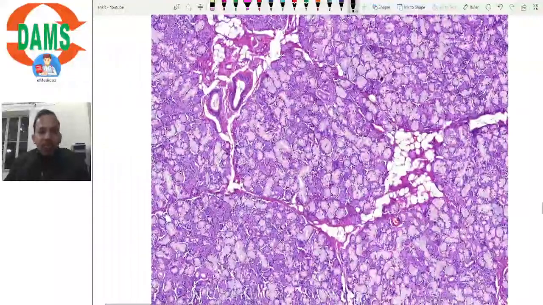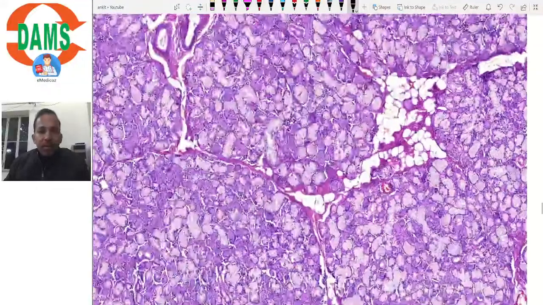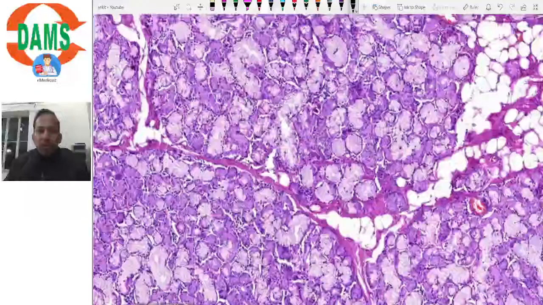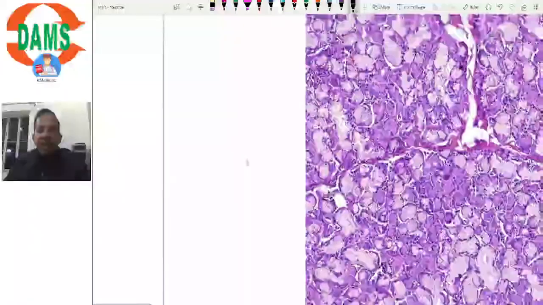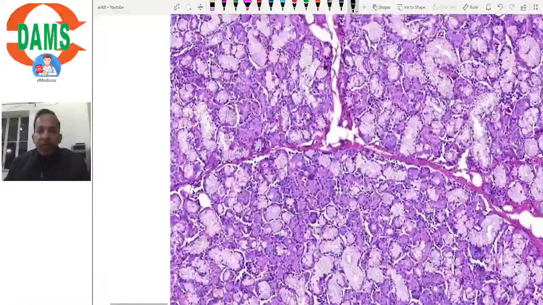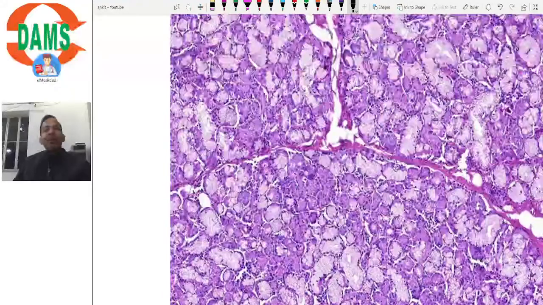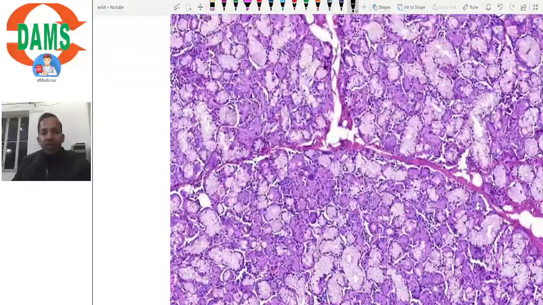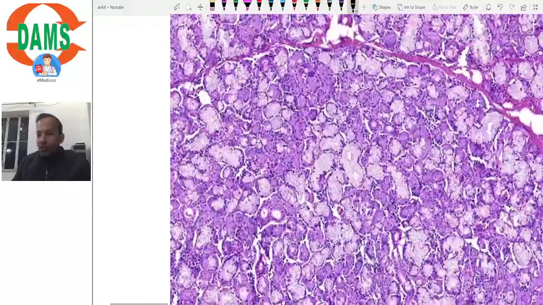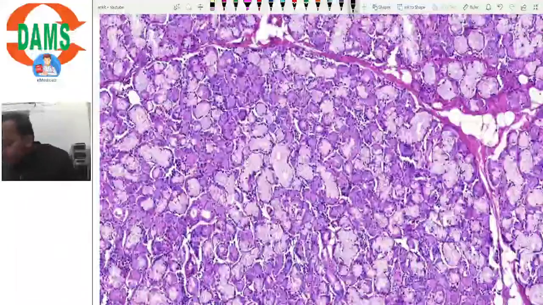So this is the structure of a salivary gland, and here you can notice a mix of serous and mucinous cells.